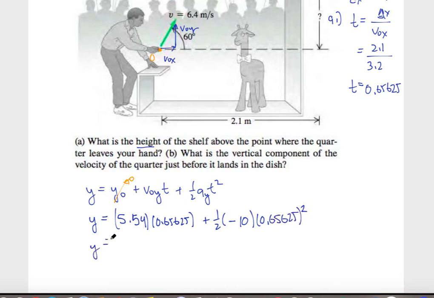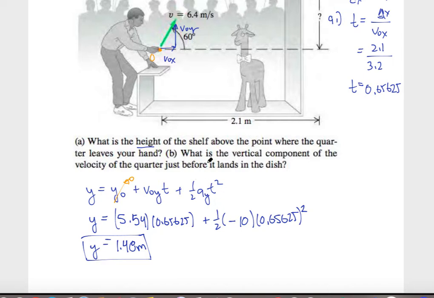Do not forget the square. And if we go ahead and plug this into our calculator, we end up with positive 1.48 meters. And so that is the distance above where the quarter left my hand.